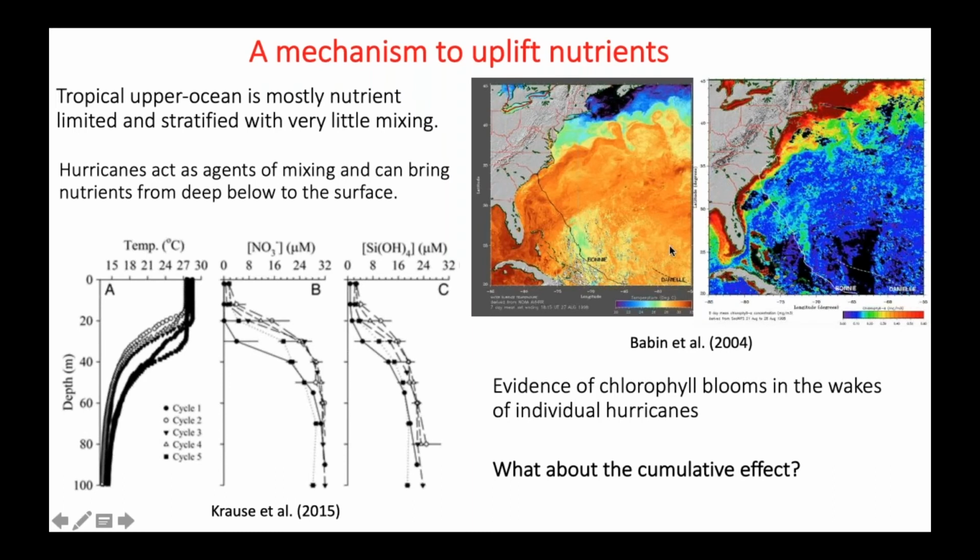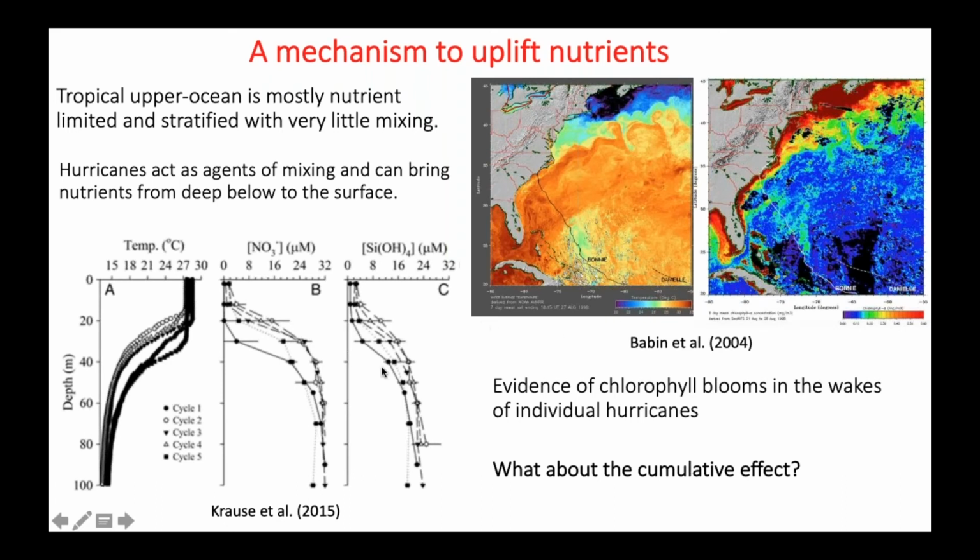Consistent with this region of sea surface cooling, you have elevated concentrations of chlorophyll after the passage of the hurricane. There were several examples like this presented in this study and also in other studies. While these studies showed the effect of hurricanes on chlorophyll blooms, mostly for individual storms, now the question is, do they have a cumulative effect, and is that significant?